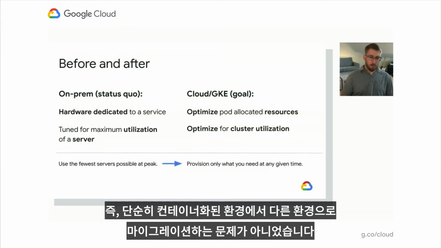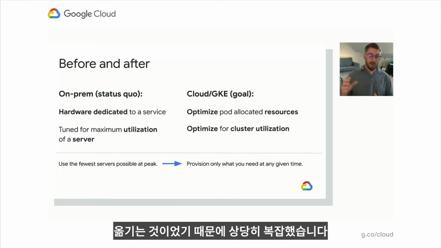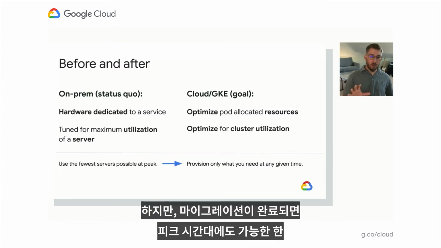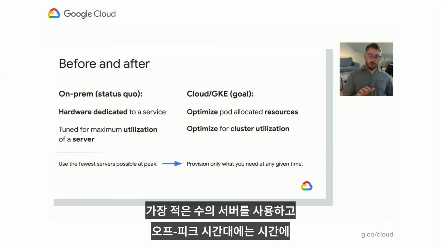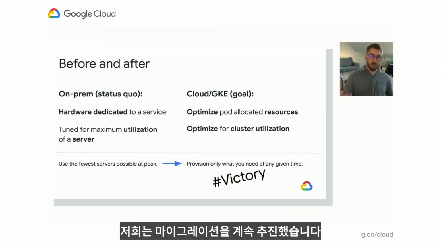So what that means, practically speaking, is we weren't just migrating from one containerized environment to another. We were moving from a very server-based model to a completely unoptimized container model. And that added a lot of complexity. But what it did mean is that we could go from using the fewest servers possible at peak to a world where we could provision only what we needed at any given time. And that was our definition of victory.